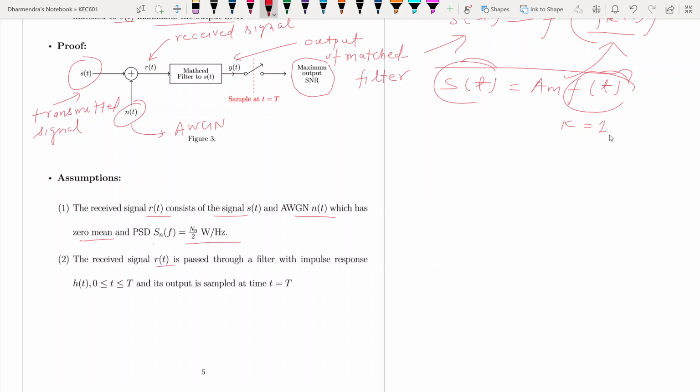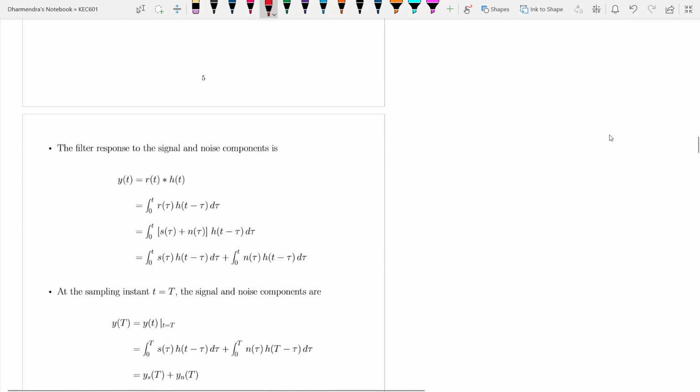The received signal r of t is passed through a filter with impulse response h of t defined between 0 to T, and its output is sampled at t equal to T. Okay, so the filter response to the signal and noise components.